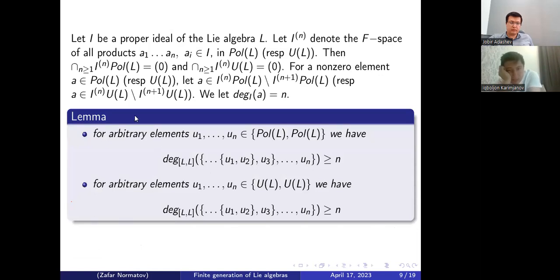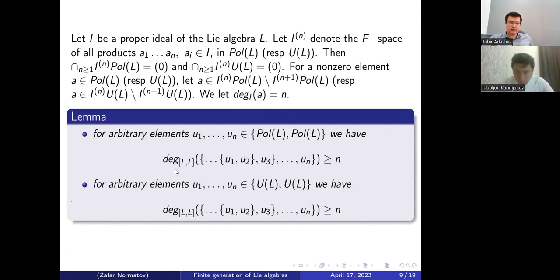Also they give the following proposition. They take the proper ideal and make the powers by all products of elements, and they denote by degree n that a is contained in I to the power n but does not lie in the next power.